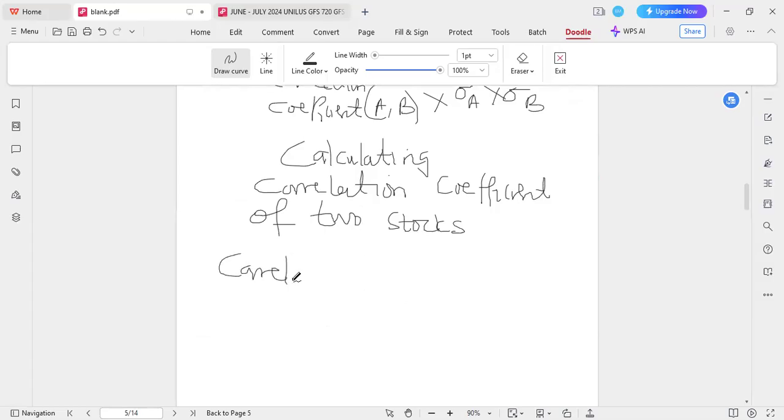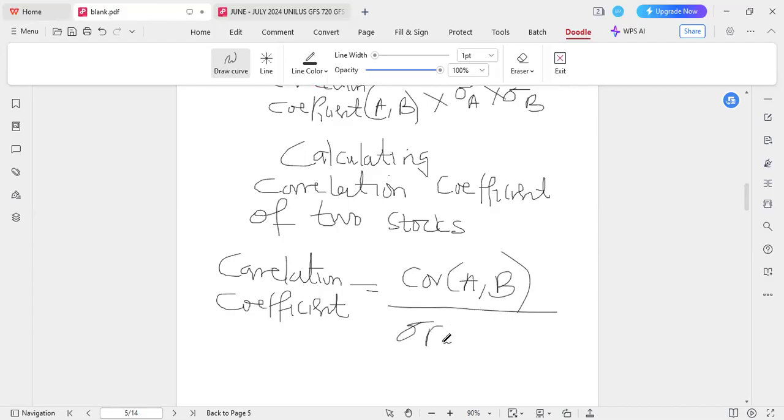So correlation coefficient is actually equal to covariance of A and B over the standard deviation of A multiplied by standard deviation of B.